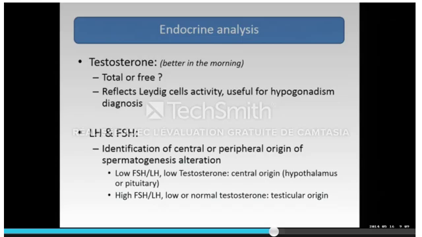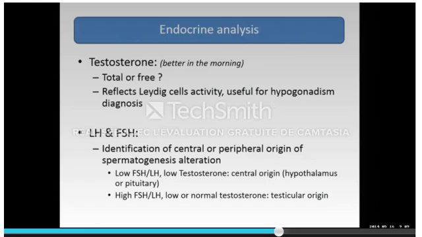I mean, they allow to distinguish between central and peripheral origin. If a man has a very low FSH and LH and a low testosterone, this would probably be linked to central origin.